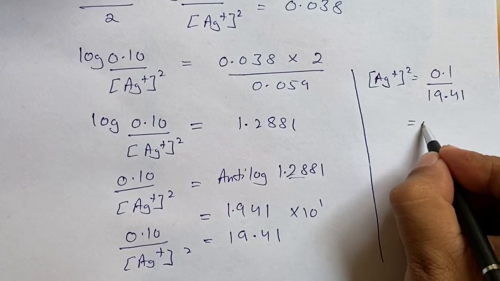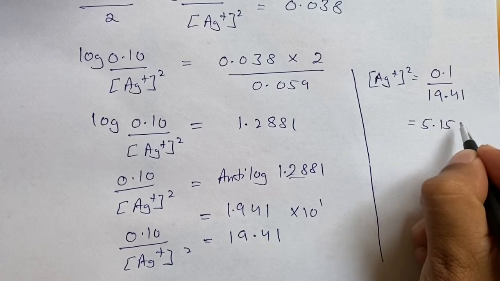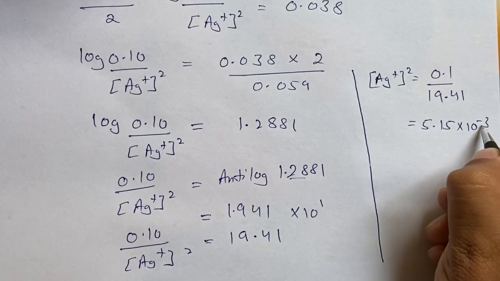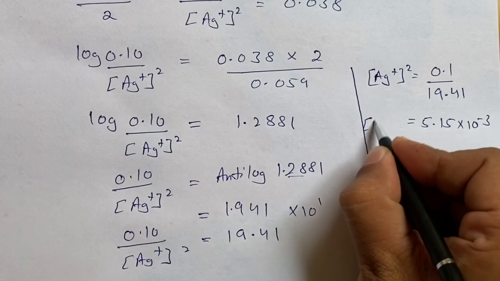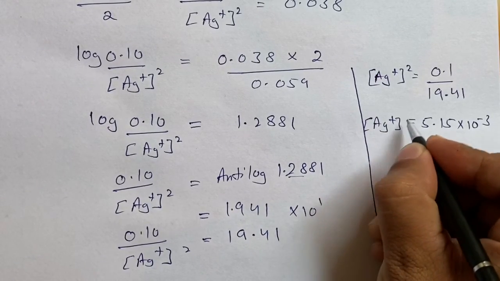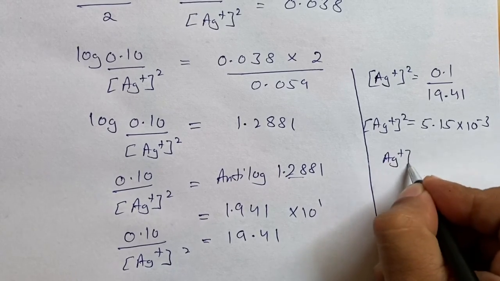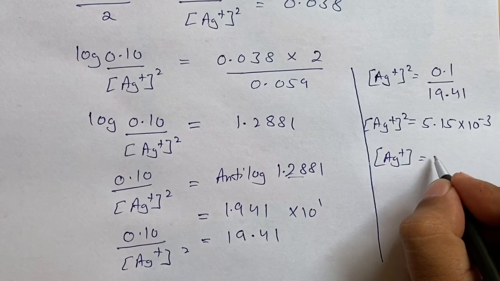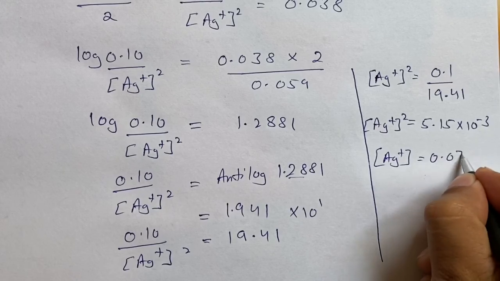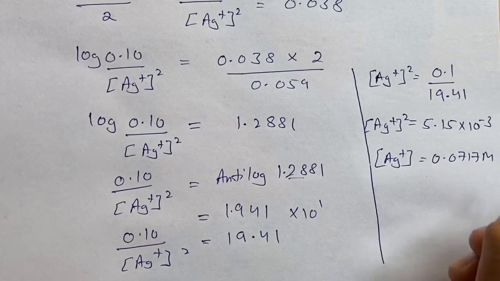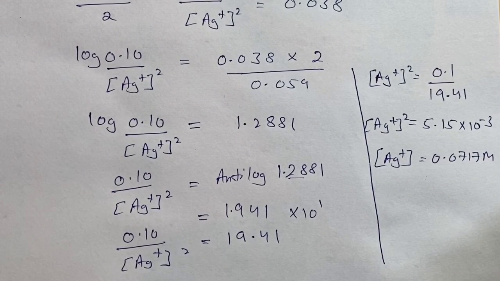It comes out to be 5.15 into 10 raised to power minus 2. Now square rooting both sides, you will get your final answer. This is 0.0717 capital M. This is your final answer for the numerical.